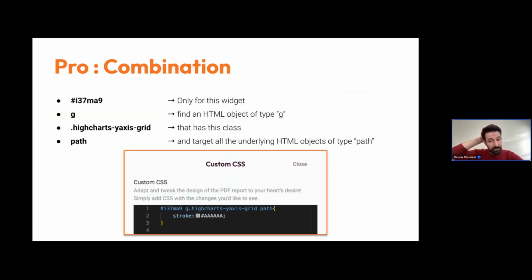So the step up from that is what we call combinations, and that's basically you can use all of those selectors in combination in order to get something very, very specific. And that's where the biggest difficulty of CSS is, which I would not recommend to start with.